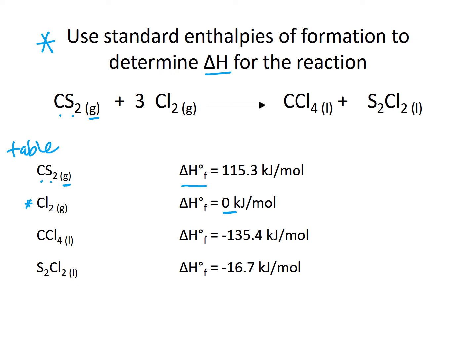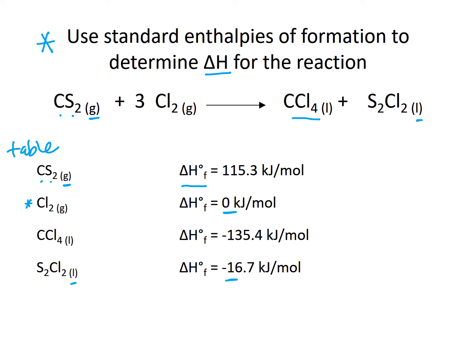I have carbon tetrachloride liquid, which is negative 135.4 kilojoules per mole. And I have disulfur dichloride, which is negative 16.7 kilojoules per mole. And again, liquid. So make sure you're matching all of these when you look these up in the table.